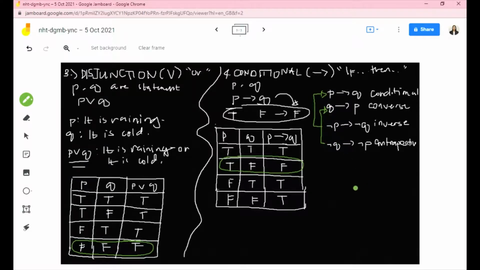So let's try to have an example. Let's say that my statement P will be today is Sunday. And my statement Q will be I will go for a walk.